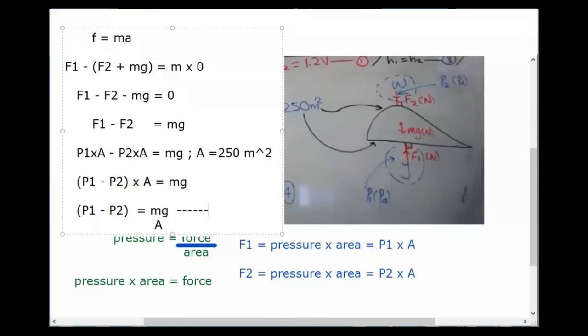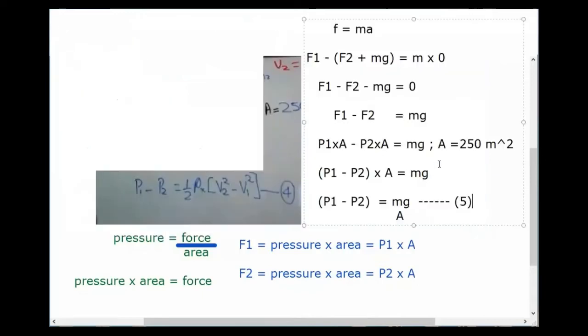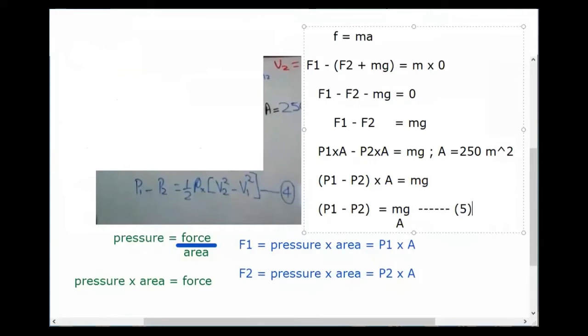Let me mark this as equation number 5. We have written up to 4, so this should be equation number 5. Please write this, everybody. If you have any doubt, you can unmute the mic and ask.